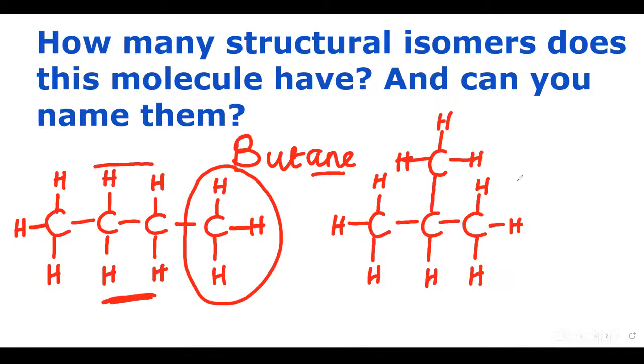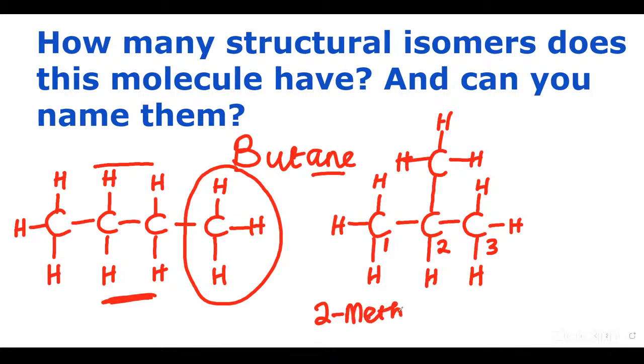Now, for this particular one, we're going to count the longest continuous carbon chain. This is 1, this is 2, this is 3. So we have 3 carbons. On this carbon, we have another carbon attached. That's what we call a branch, okay? And since this is 1 branch, that will simply be 2. That is a 1 carbon branch.